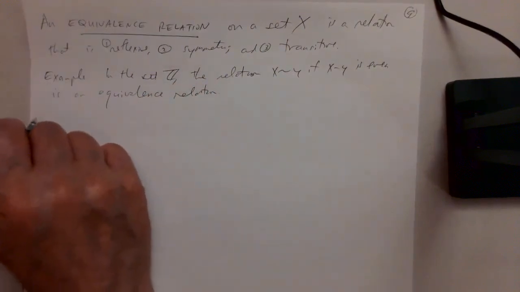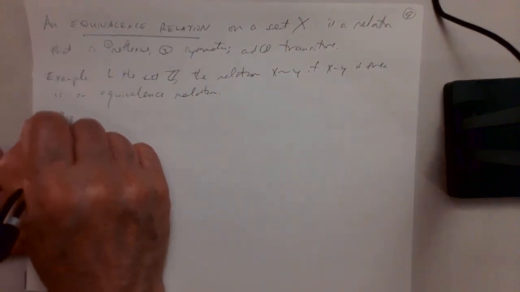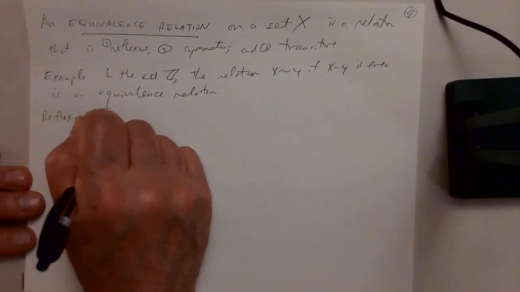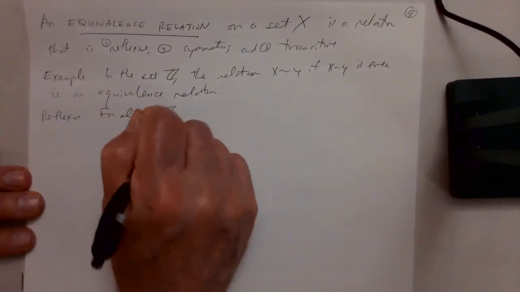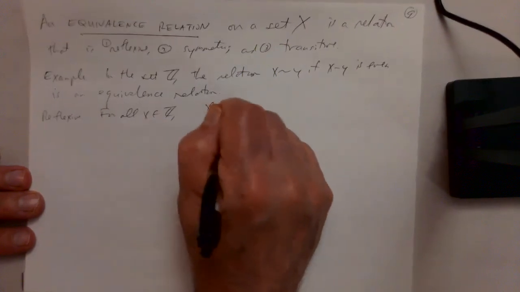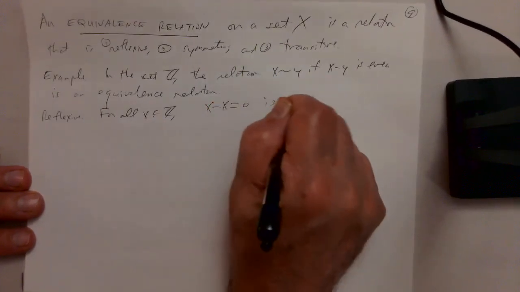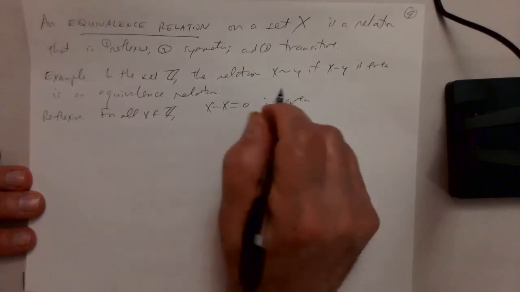Why is that? Well, for every integer x in Z, x minus x is 0, and 0 is an even number.